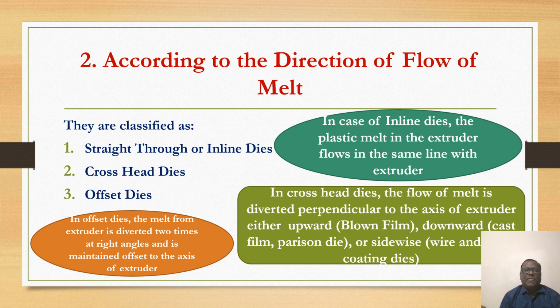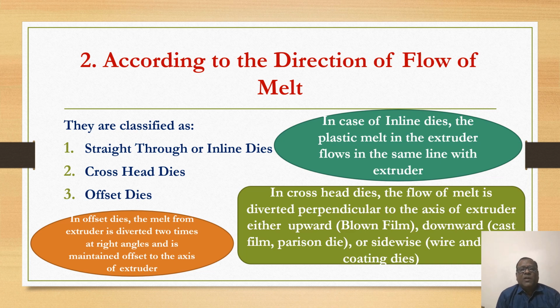That type of die, used to make some types of products, comes under the category of inline die. The second one is the cross head die, and the third one is the offset die. So according to the direction of flow of melt, the dies are classified into three types: inline die, cross head die, and offset die.